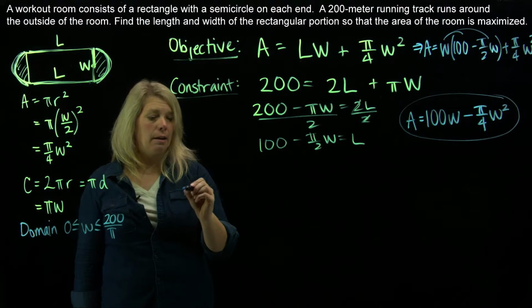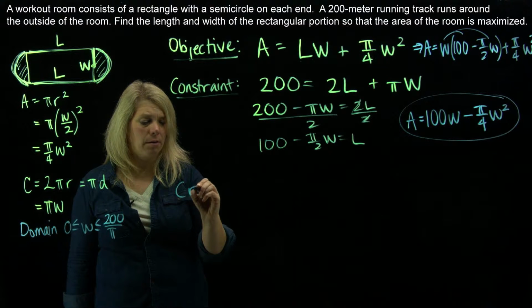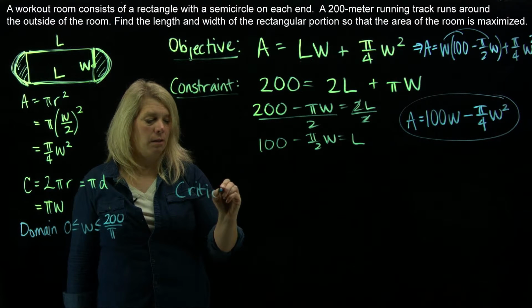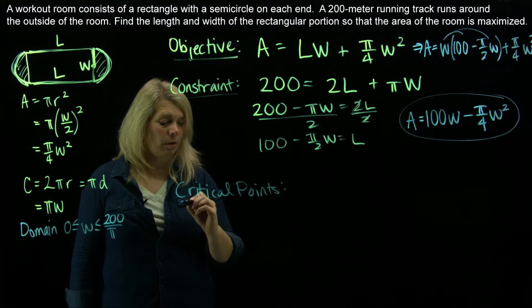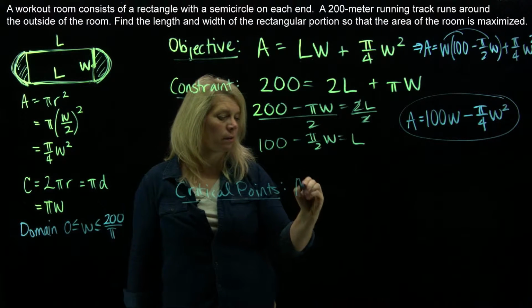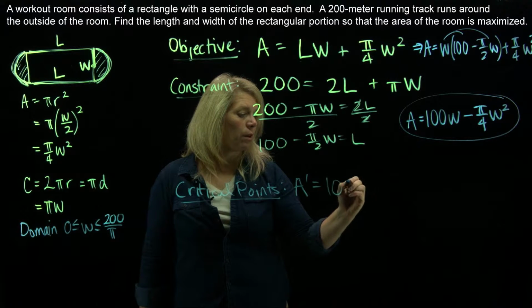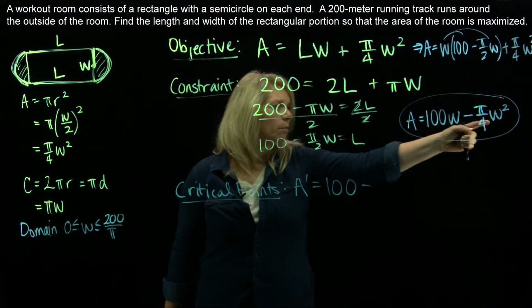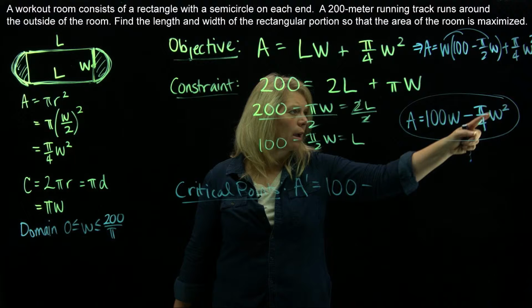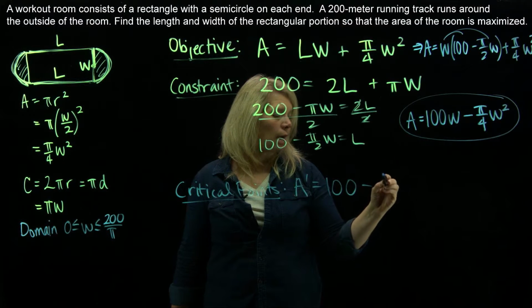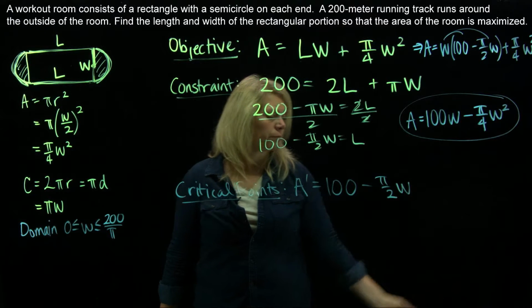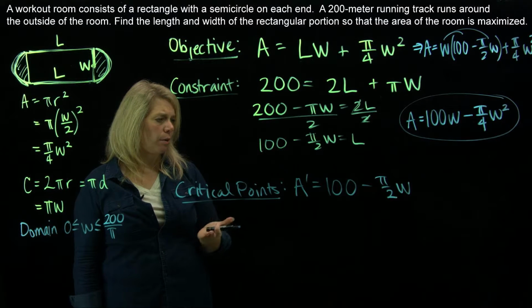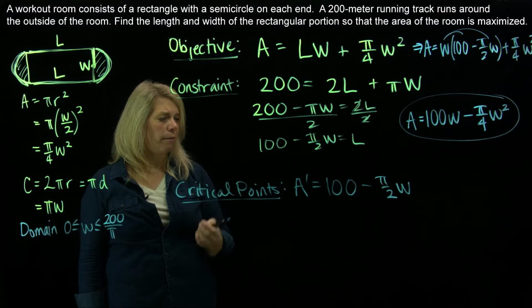All right, now for the big calculus part here, critical points. Find our derivative: 100 minus, bring down the exponent, multiply pi over 4 times 2, I will get pi over 2 W. Okay, I want to think about when that derivative does not exist and when the derivative is 0.